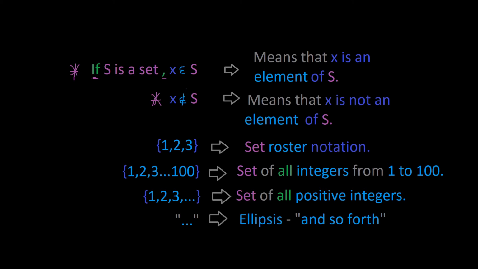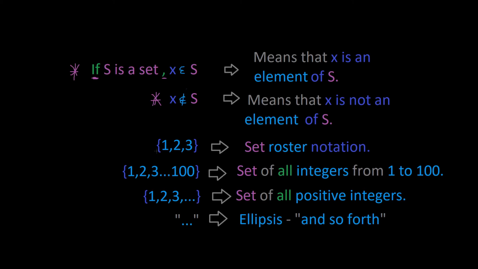This next one says X is not an element of S. So that's all it's saying. So X is not an, which is in blue, element, which is in a lighter blue, of S, which is in pink. So you guys can clearly see and follow what I'm saying, my train of thought.